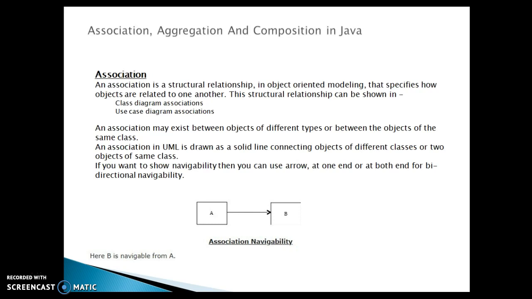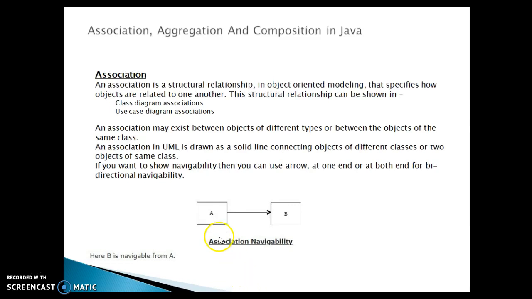An association may exist between objects of different types or between objects of the same type as well. An association in UML is drawn as a solid line connecting objects of different classes or two objects of the same class. If you want to show navigability, then you can use an arrow at one end, or at both ends for bidirectional navigability.